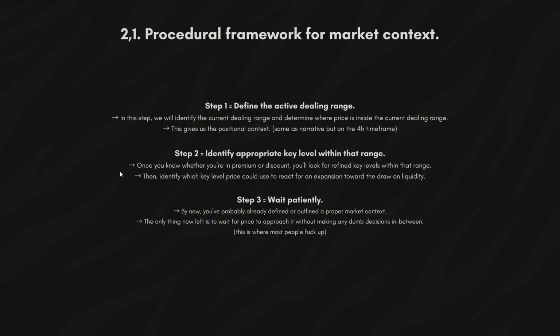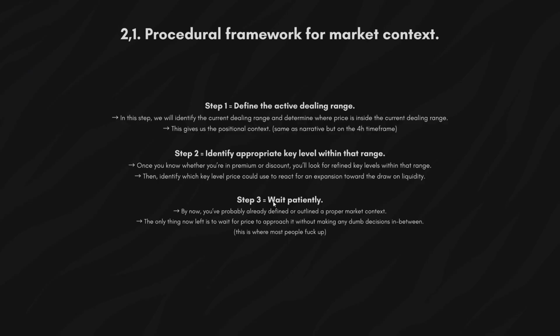The key level or the CRT within the dealing range could either already be formed beforehand, and in that case you could just identify it and use it to frame trades, or you're going to wait for it to form first and then identify it. But regardless of the scenario, that's what you're going to do on the 4-hour time frame.